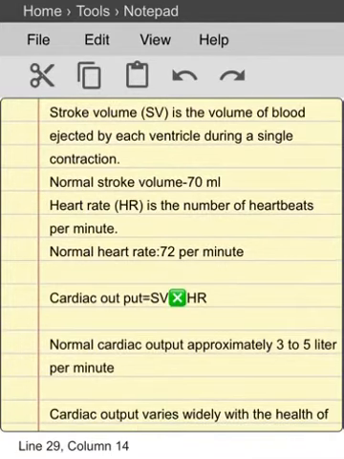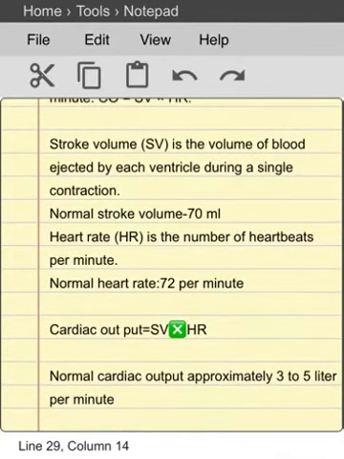Next, heart rate is the number of heartbeats per minute. So in one contraction a volume of blood is ejected from the ventricle, so we multiply it with the number of heartbeats.